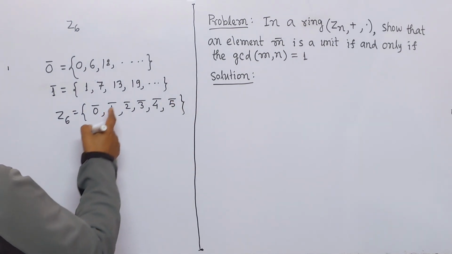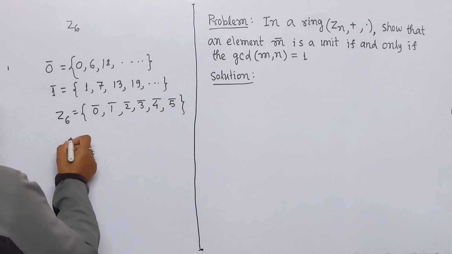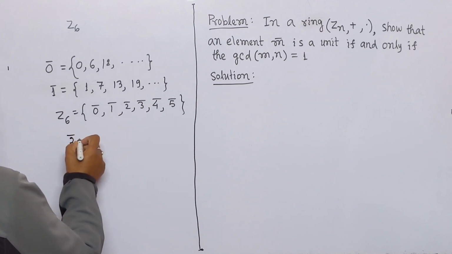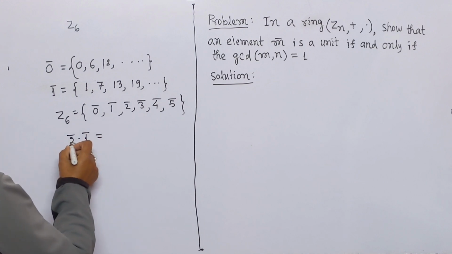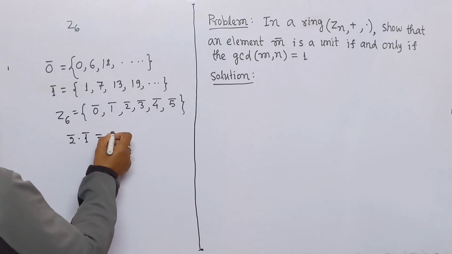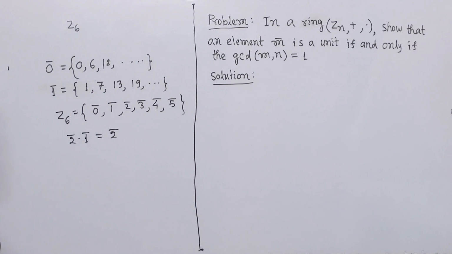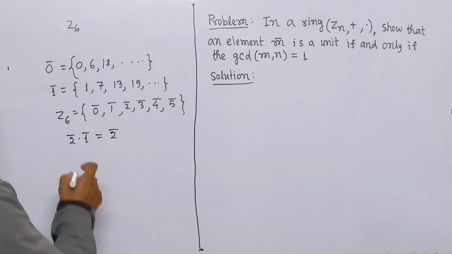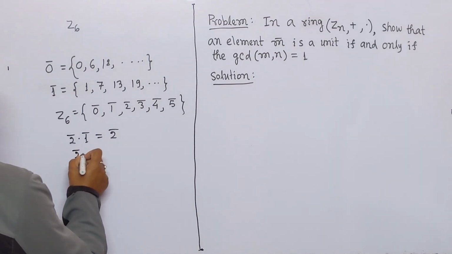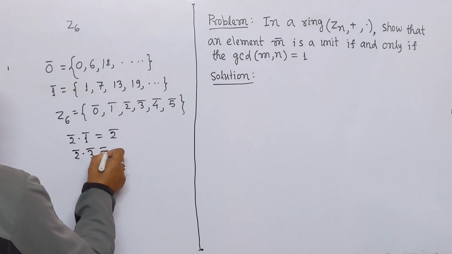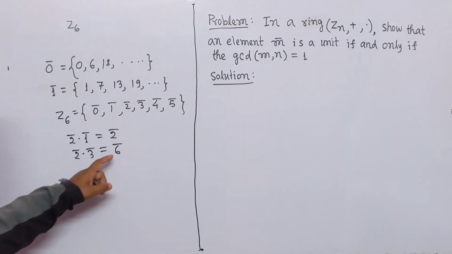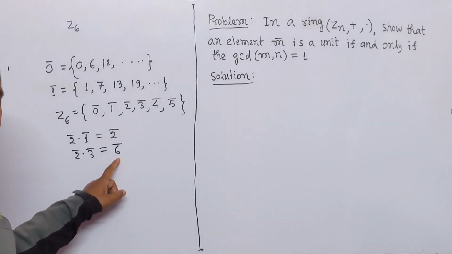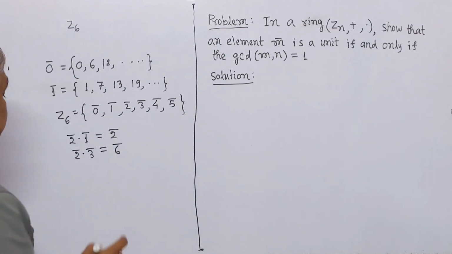Now we multiply two elements. 2 bar multiply 1 bar is 2 bar. 2 bar multiply 3 bar is 6 bar. 6 bar means if we divide 6 by 6, then we get remainder 0.